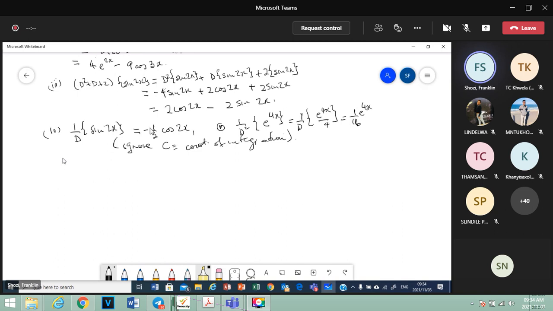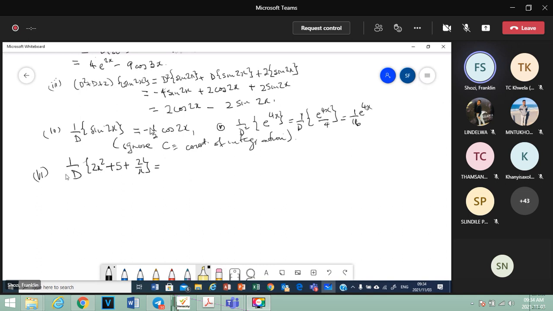What about this one? We have 1 over d on 2x squared plus 5 plus 2 over x. We integrate that. We can do it by inspection.